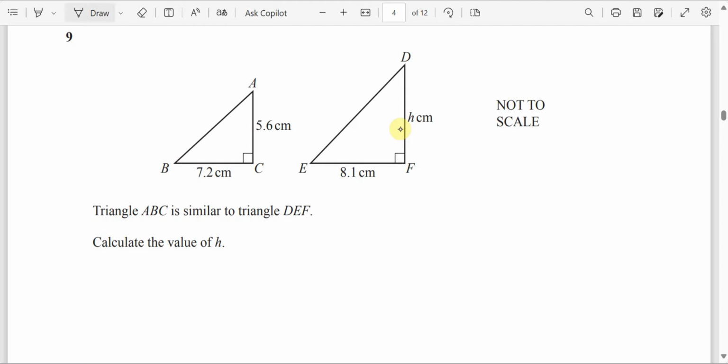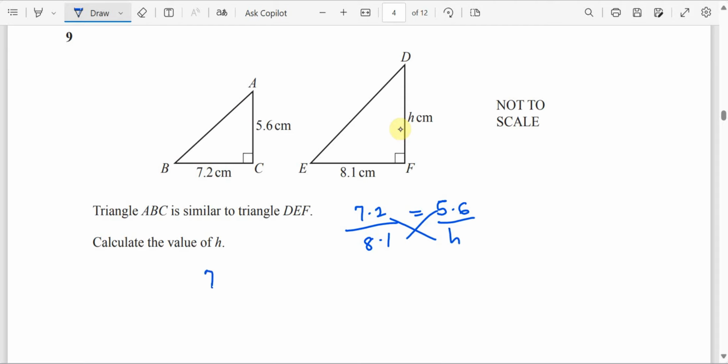Question 9. Triangle ABC is similar to triangle DEF. Calculate the value of H. So from here, 7.2 over 8.1 would be the same thing as 5.6 divided by H. So we cross multiply.